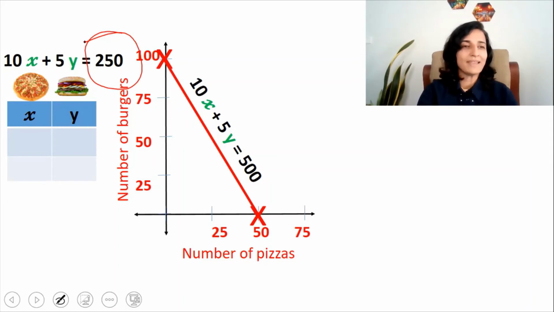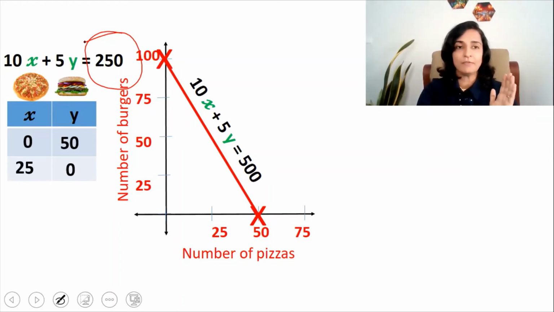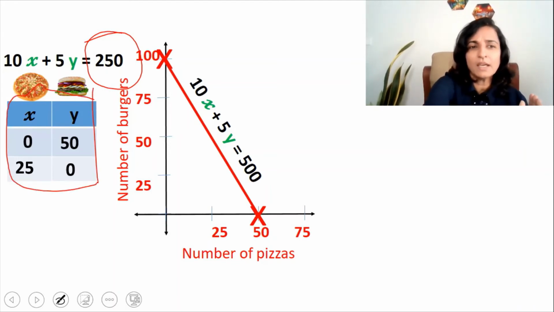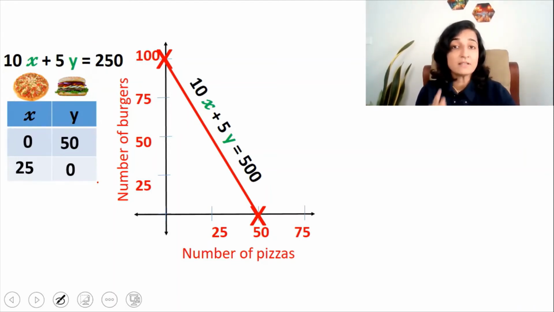Let's see the coordinates of x and y. So when x is equal to 0, what is y equal to? 50. If you substitute in the equation, you will get y as 50. And when y is equal to 0, what is x? X is 25. Now, we represent this table on the graph paper. That is the figure that you have assumed, $250.